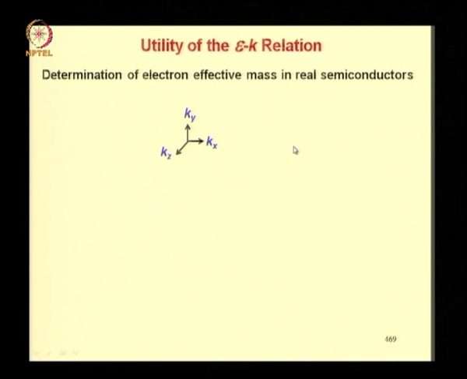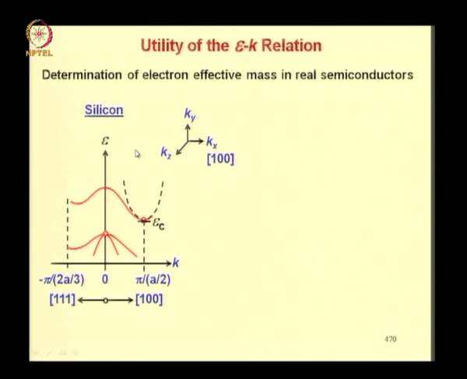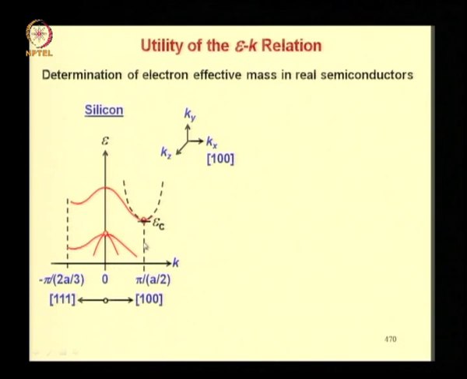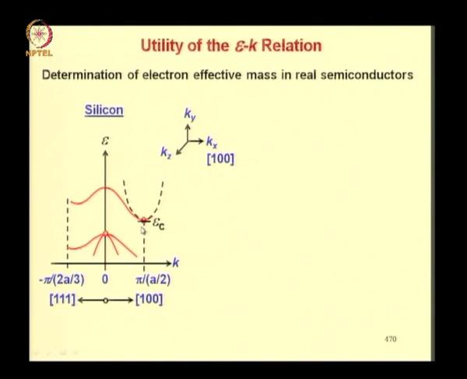In real semiconductors, how are effective masses determined? Real semiconductors are 3 dimensional, so you have kx, ky and kz, all 3 dimensions to be considered. For the case of silicon, the 100 direction is very important because the energy gap corresponds to the energy gap of the Ek relation in this direction.